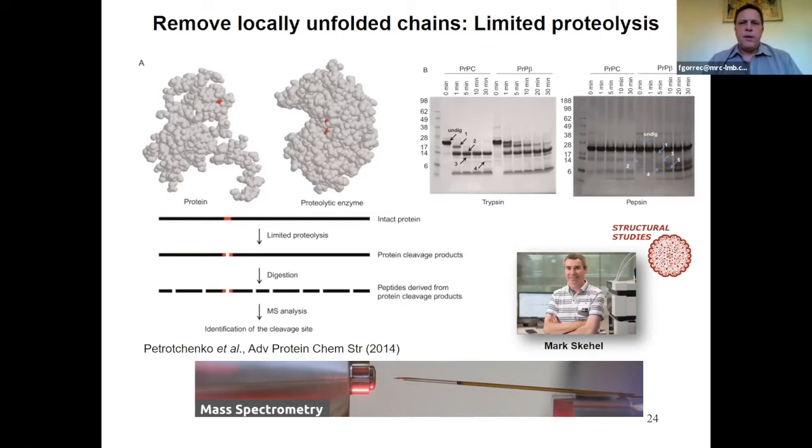You will need mass spectrometry afterwards to deduce the new sequence that you need to generate to produce this protein without these unfolded parts. At the LMB, we have a great facility for that. Mark Skehel and his team can help you with this kind of protocol, and there are many more that may help.